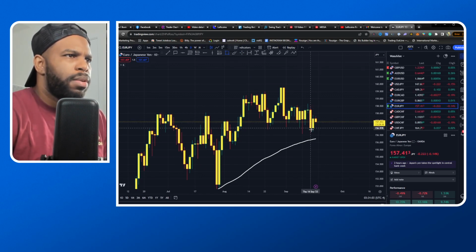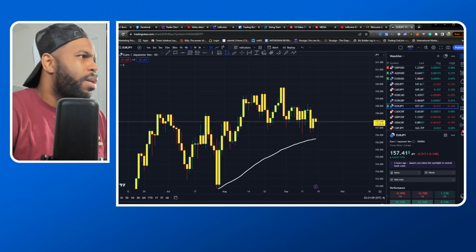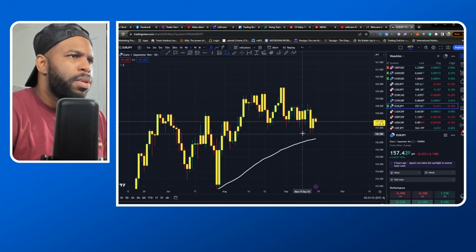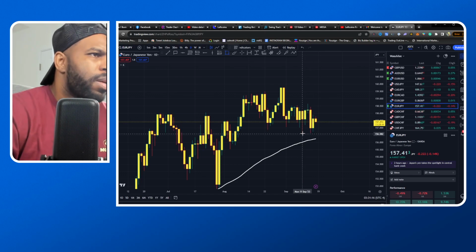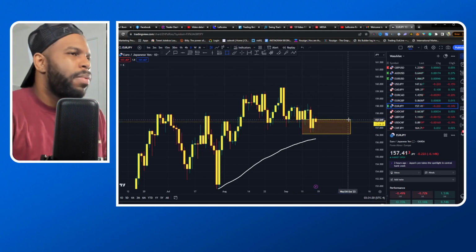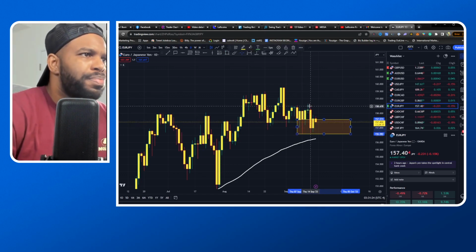So I believe Monday was the low here. So the wick is going to be another big zone here. What I'm going to do is tighten it up, probably either on the 4-hour chart or the 1-hour chart.